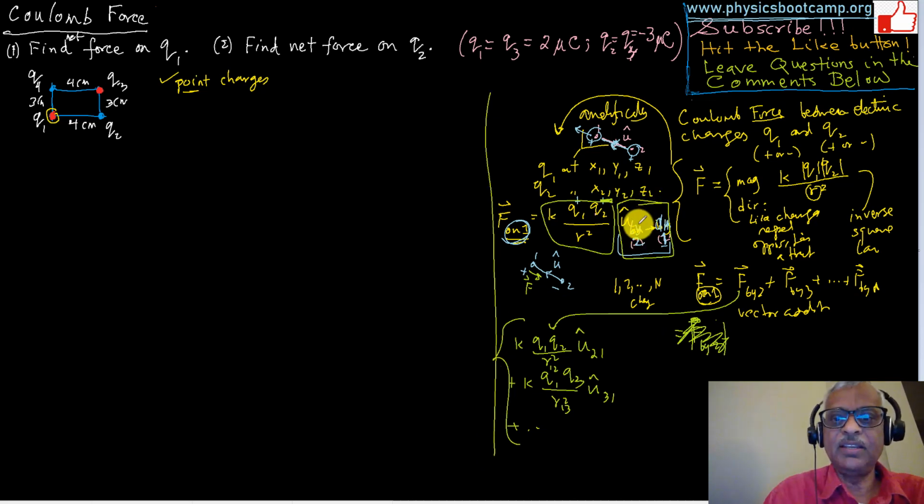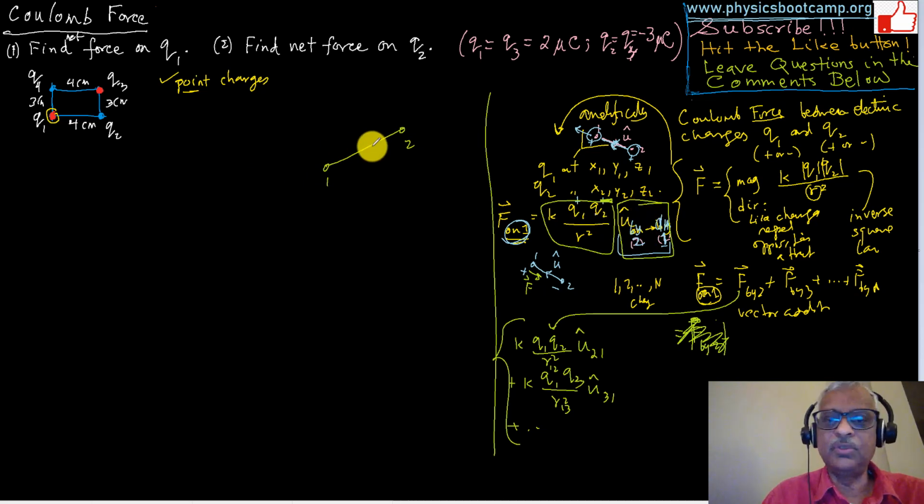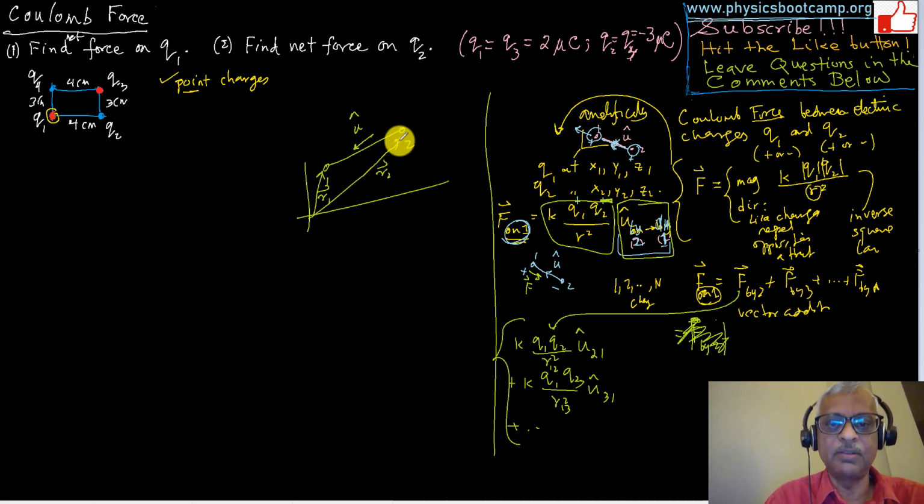So in here, the unit vector, if I go from here to there, from 1 to 2, the unit vector we want is in that direction. So if you look at this, this is the r1 vector and this is the r2 vector. r1 vector is x1 i hat plus y1 j hat plus z1 k hat, right?